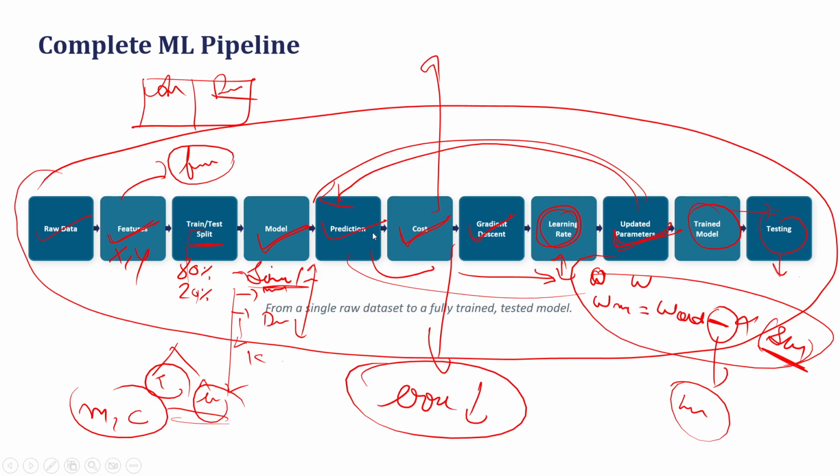After this lecture, you should be able to think through how the training pipeline goes from data to making features, then train test split, assume some model, make the prediction, calculate the cost. With gradient descent you update the parameters and train the model.